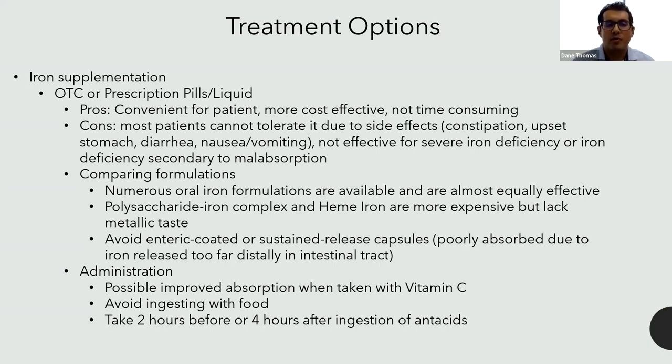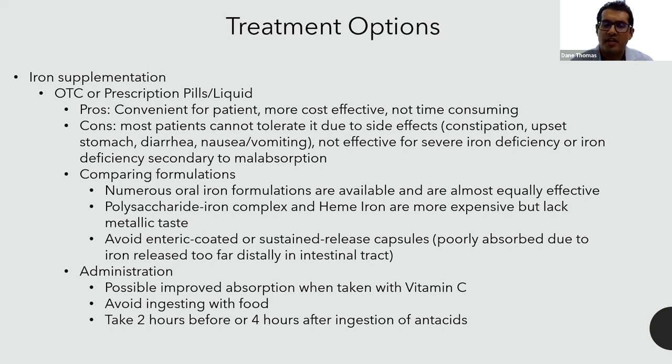How we recommend patients take the iron supplements: we recommend several things. The first one is that we recommend patients take their oral iron supplement with vitamin C, which can possibly improve absorption.